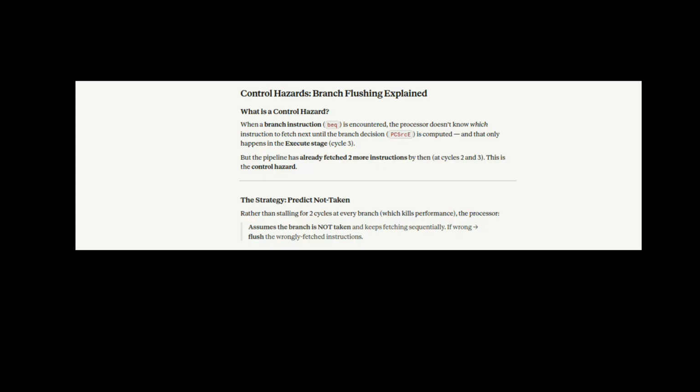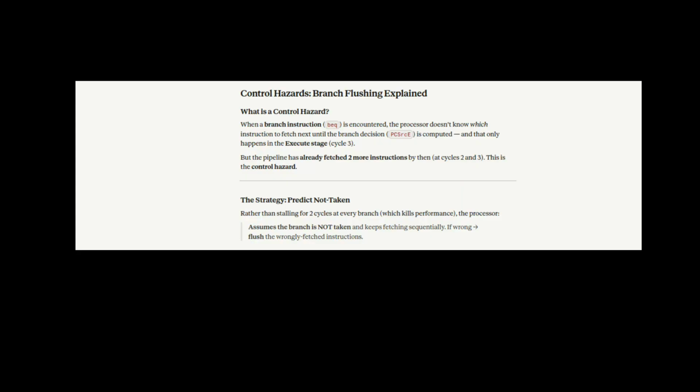If the branch comes, we could stall for 2 cycles and wait for the next instruction decided by the branch, but if we do so, 2 cycles of performance are actually killed.